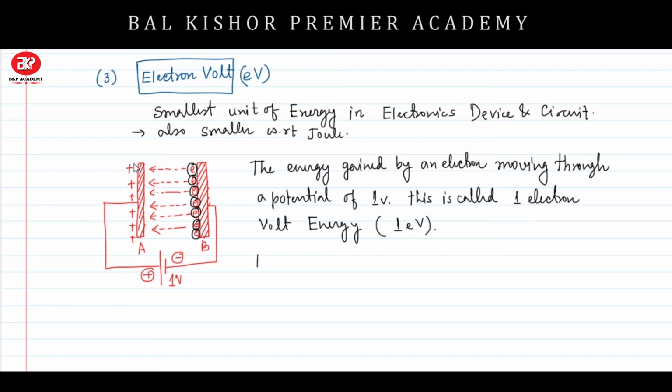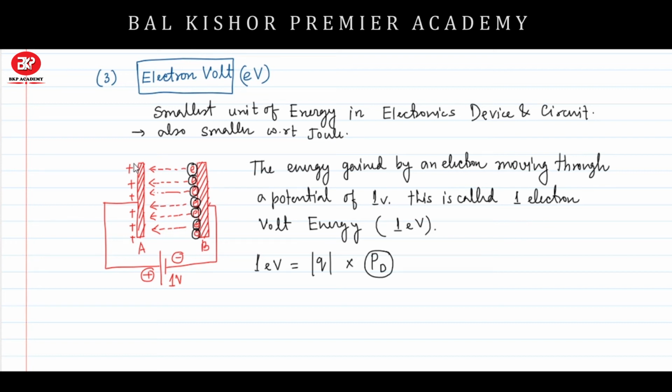So this 1 electron volt energy from the definition can be written as the electronic charge Q into the applied potential difference.